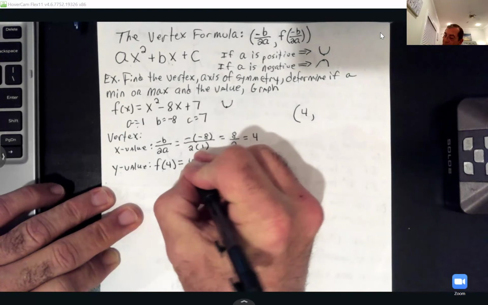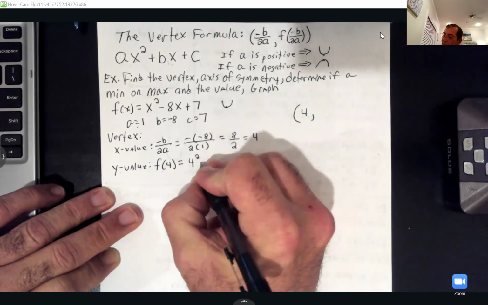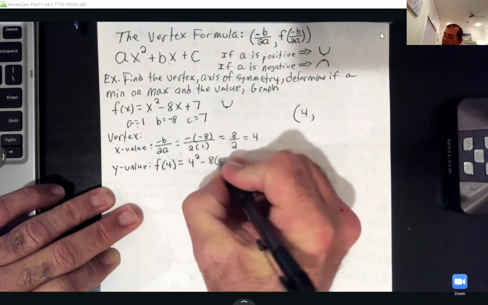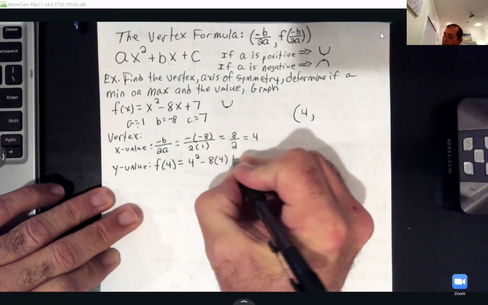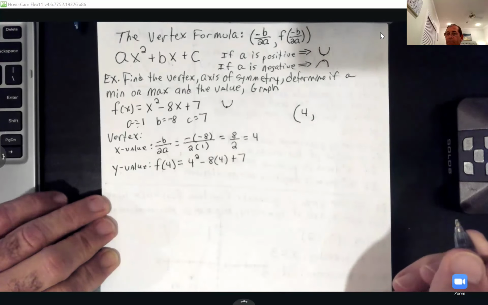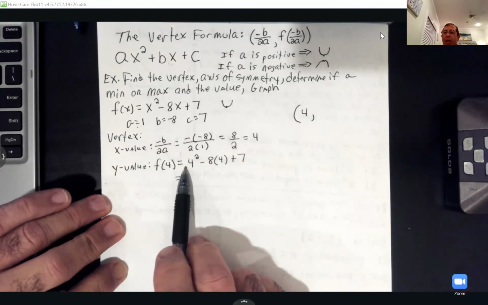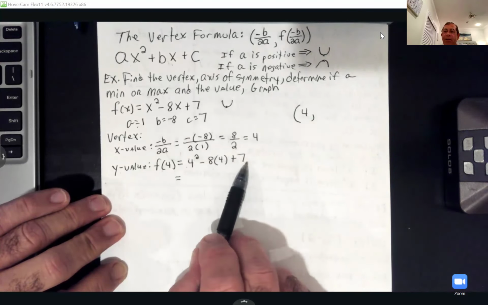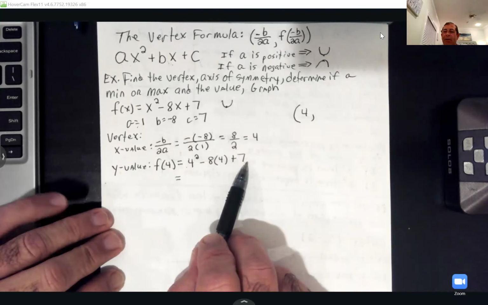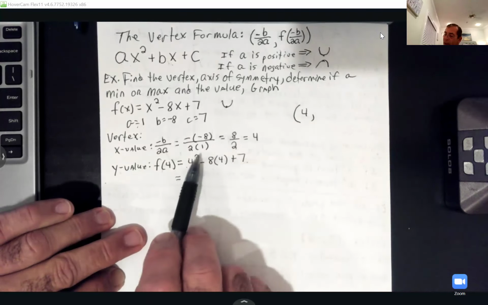So y'all, that'll be 4 squared minus 8 times 4 plus 7. Now, at this point, if you want to, you can plug that right into your calculator. It'll spit out the answer fast.